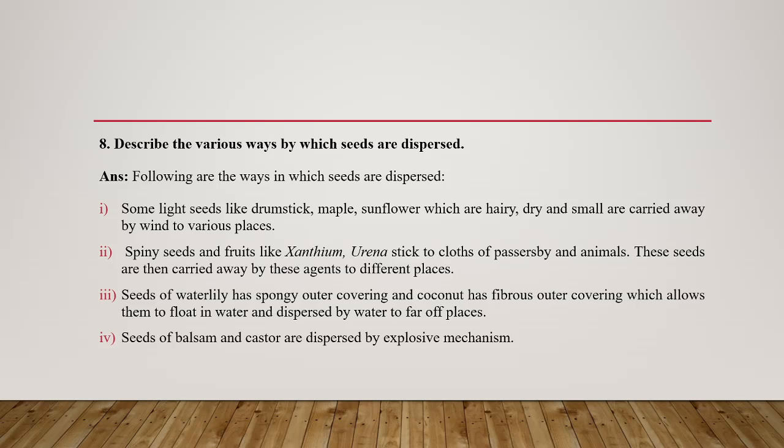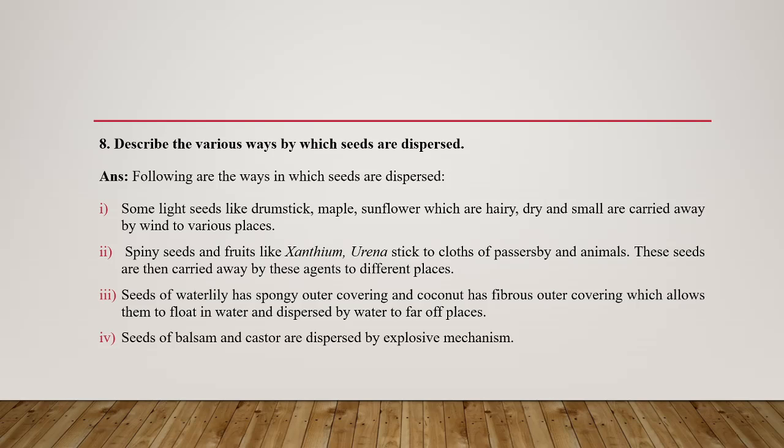It is important for seeds to disperse because had they fallen in the same place, there would have been severe competition for sunlight, space and nutrients, and ultimately it would not be helpful for the plants to grow. That is why seed dispersal is very much essential.